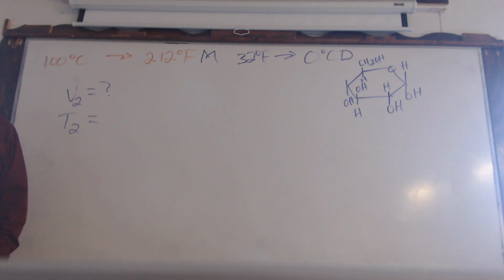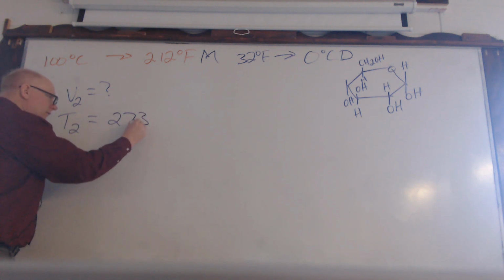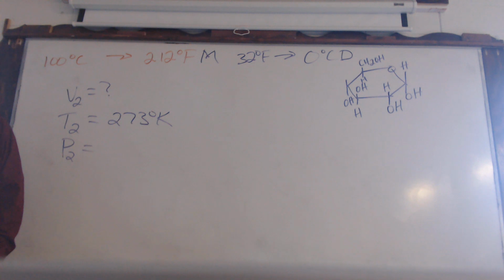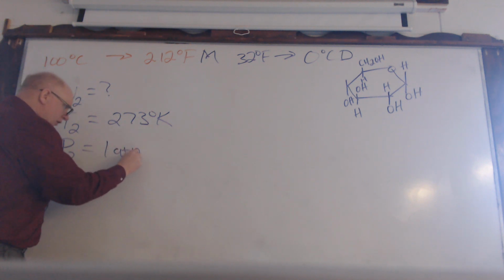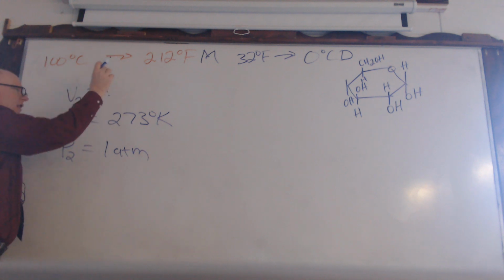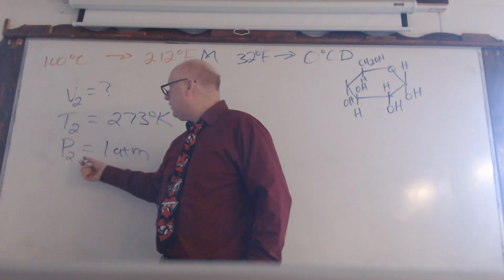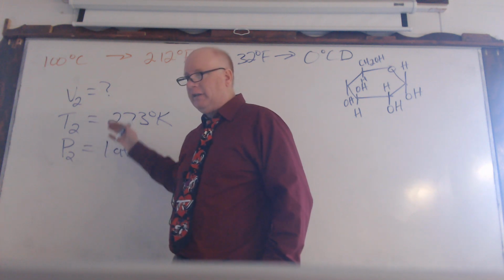It's 200 something. 273. And then what would the standard pressure be for STP? How many atmospheres? Just one. So you have your initial set of conditions. I believe you're looking for volume 2. And then here's your second set of conditions because it's talking about STP.